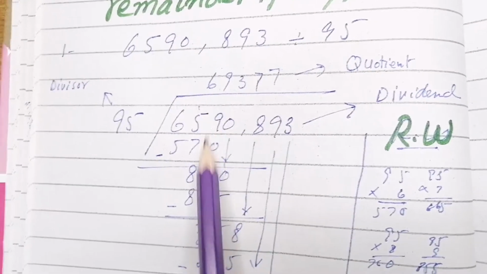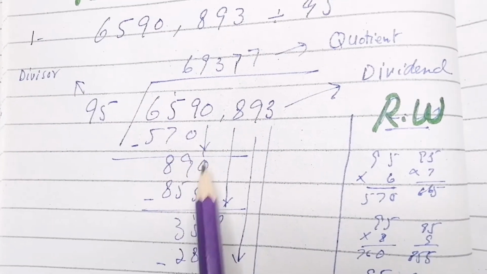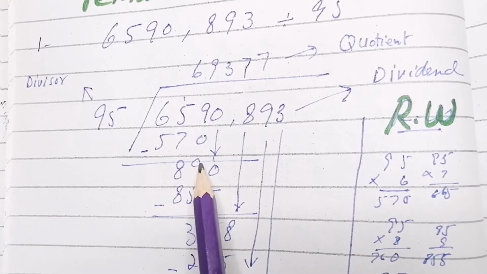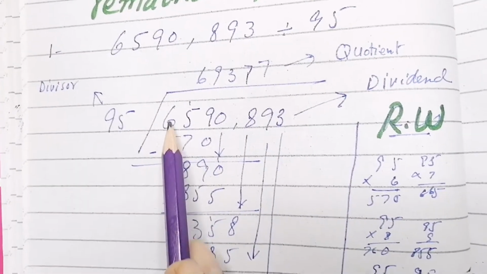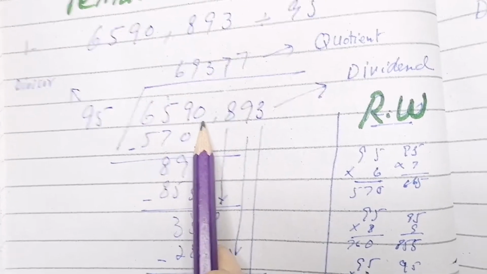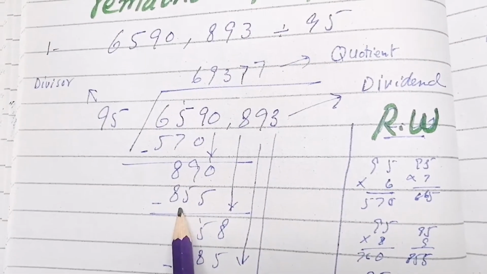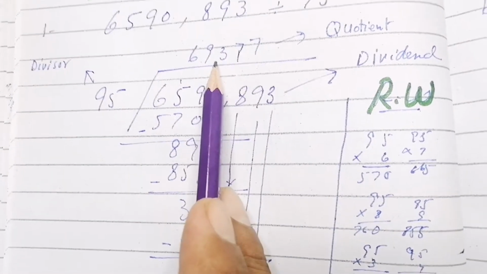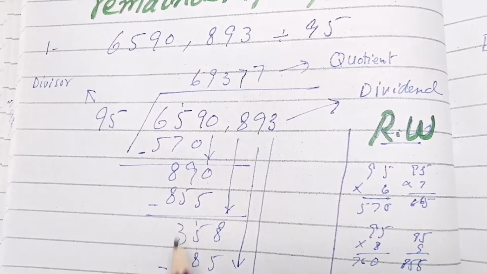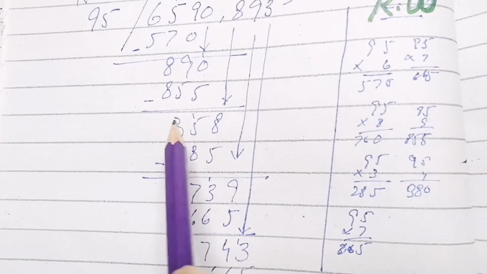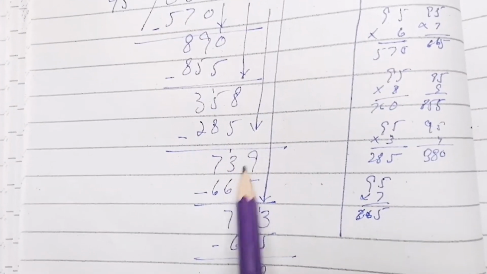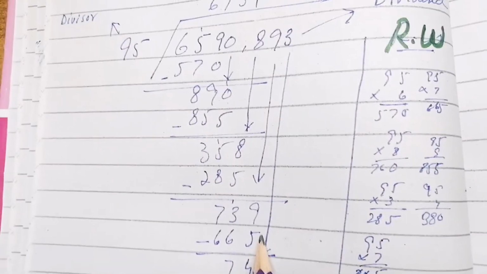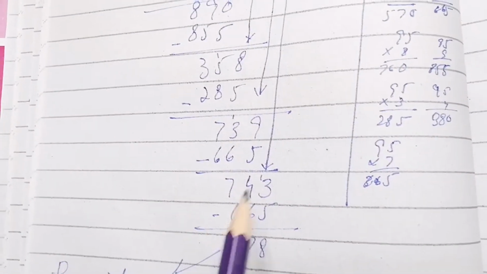So 95 times 6 is 570, then 9 minus 0 is 9, so 15 minus 7 is 8, so here 89 is there, then we bring down this 0, then we multiply it with 9, so 855, and similarly we subtract the numbers, and then we bring 8 down here, and then similarly we bring 9 here, and then 3, so we divide and subtract the numbers.